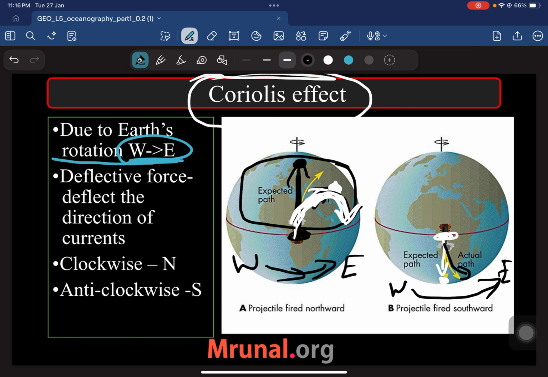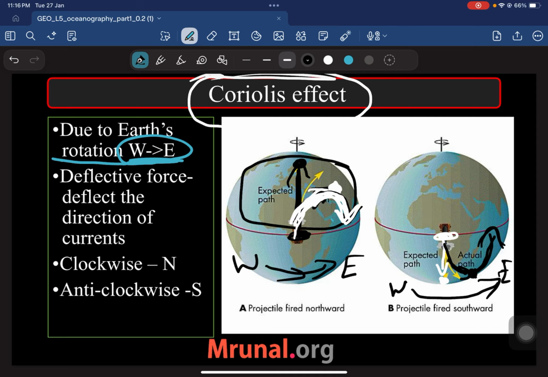The bomb will blast here. That's why in the southern side the Coriolis force is anti-clockwise.